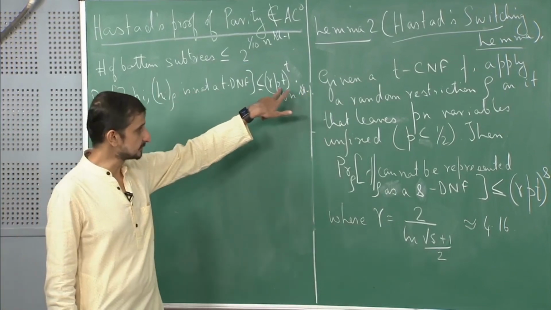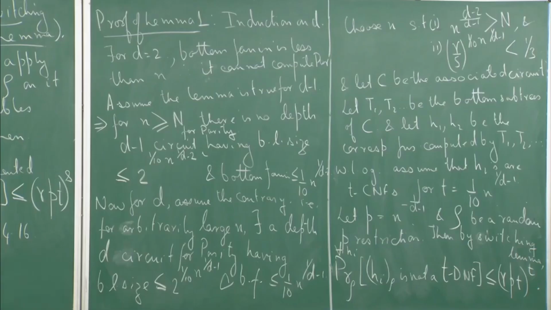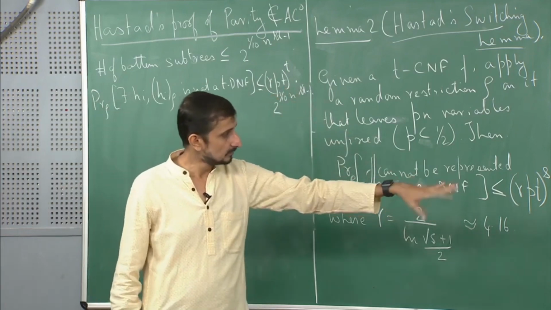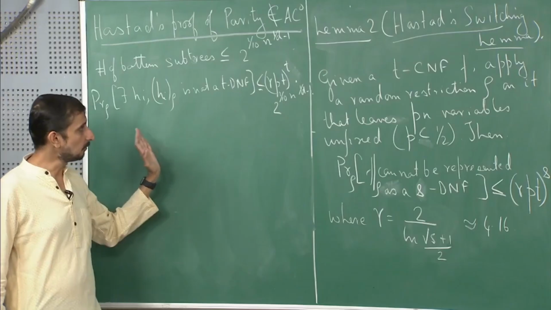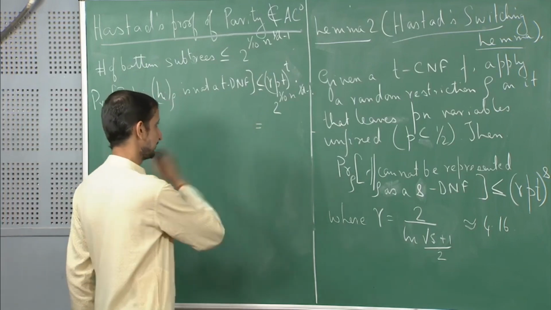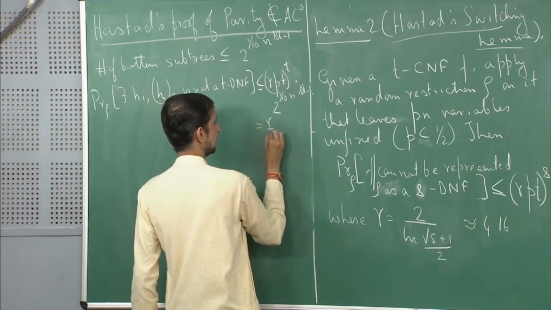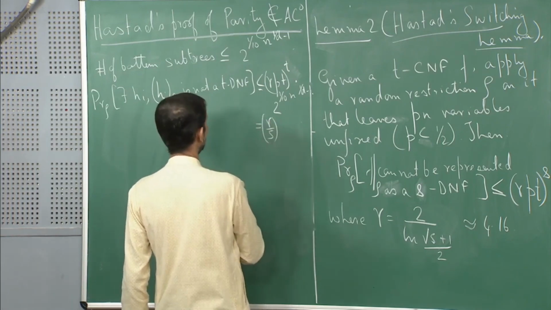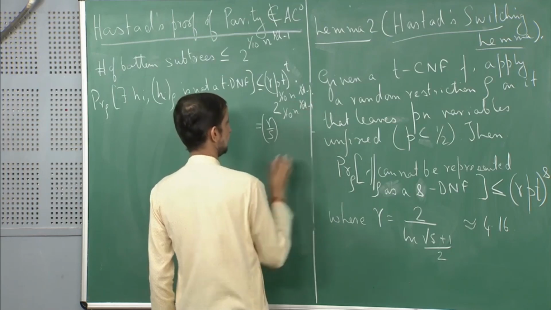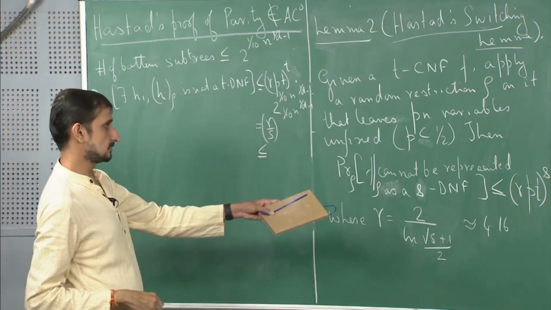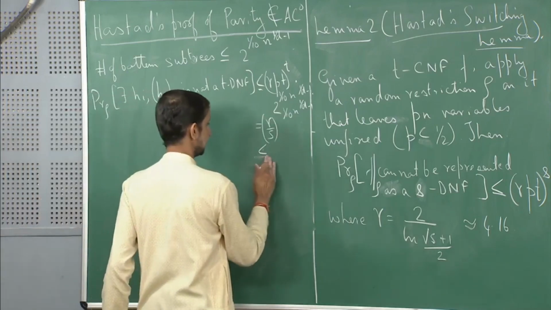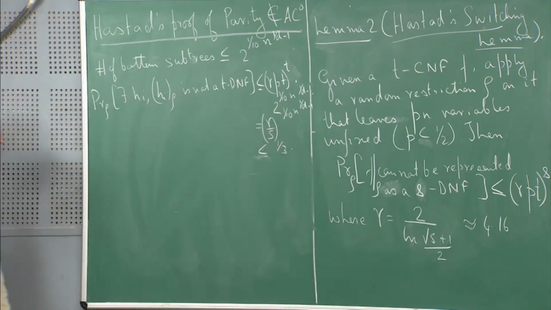Now, if I substitute the value of p, which is n to the power minus 1 over d minus 1, and I substitute t as 1/10 of n to the power 1 over d minus 1, and simplify, I will get gamma by 5 raised to the power 1/10 n to the power 1 over d minus 1, and by our choice of n, this is less than 1/3.